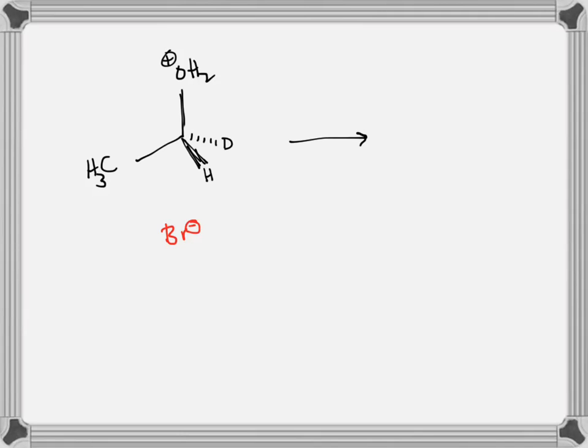What kind of a carbon do we have? Again, it's primary. There's only one carbon attached to it. With the primary carbon, we expect this to go under an SN2 mechanism. So we would expect this to come in, attack from the backside, and we'd see the OH2 leave.